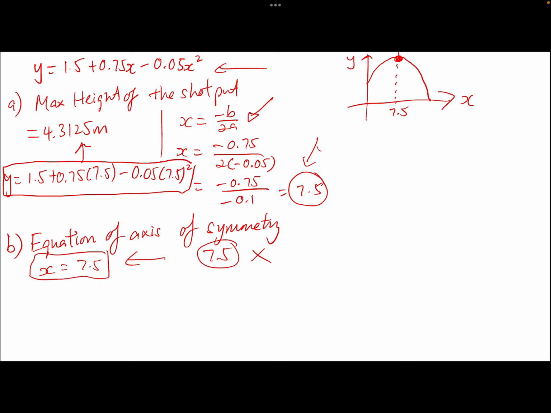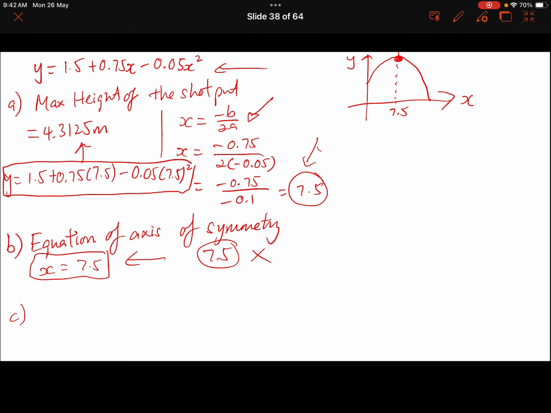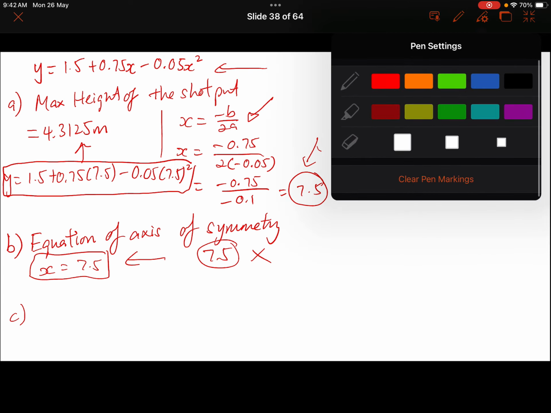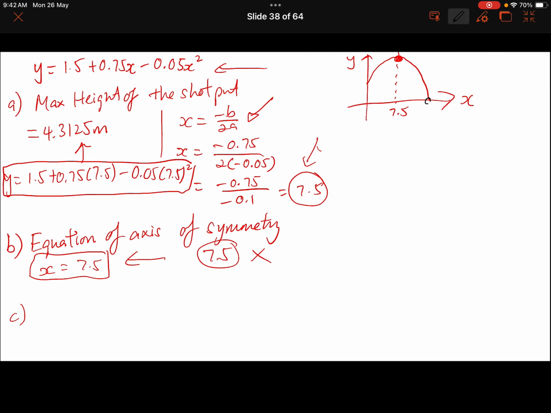Okay? Now part C says find the positive value for x when the graph crosses the x-axis. So we're trying to find out this point here. What does this number actually tell us? Before we do that, let's go find out what this value is first.